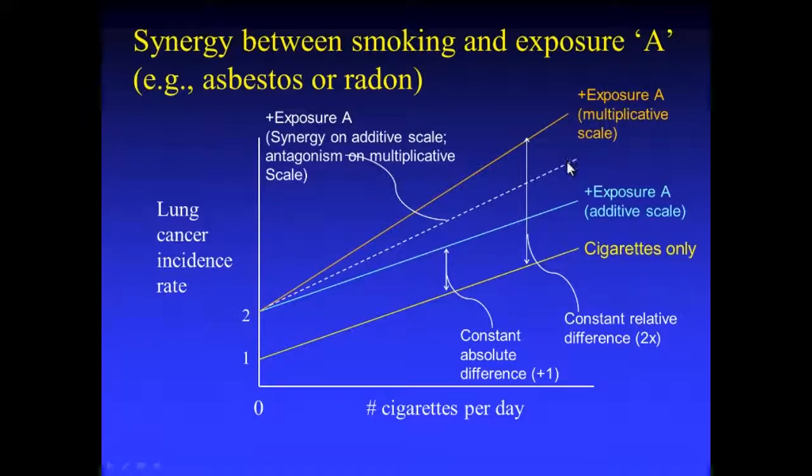So on a multiplicative scale, this represents antagonism. However, if we look at this dashed line on an additive scale, because it's also a departure from the expected, it represents synergy. So this is synergy on an additive scale and antagonism on a multiplicative scale.